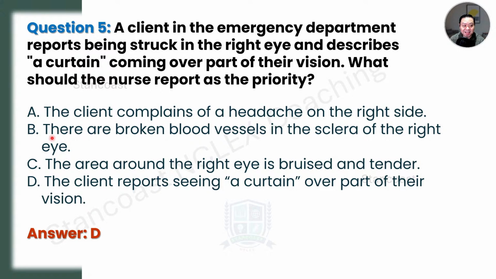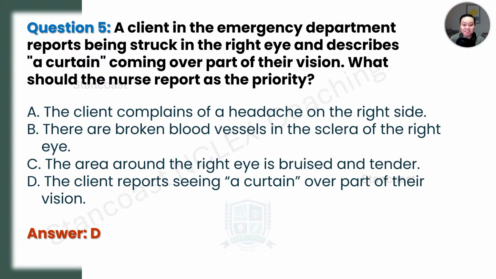Now, if you selected letter B, subconjunctival hemorrhage, this is really what it is. The subconjunctival hemorrhage, or broken blood vessels, can occur from a trauma, but it does not signal an emergency such as the retinal detachment. And the same thing with letter C, the area around the right eye is bruised and tender.